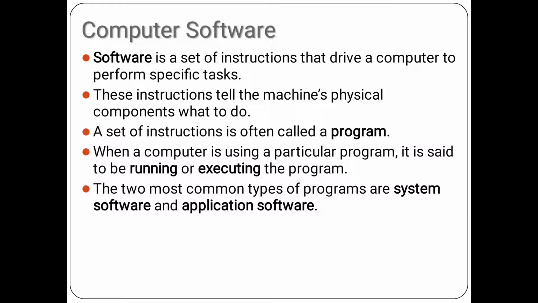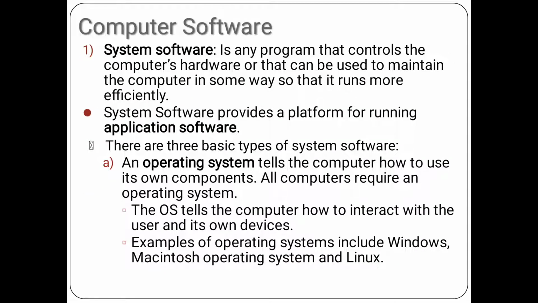A set of instructions is called a program. When the computer is using a particular program, it is said to run or execute the program. The two most common types of program are system software and application software.